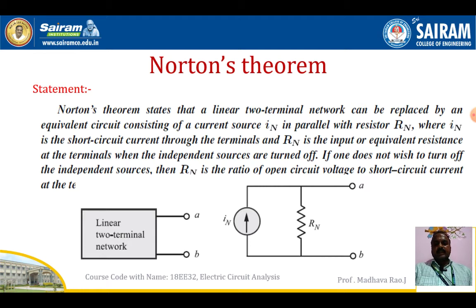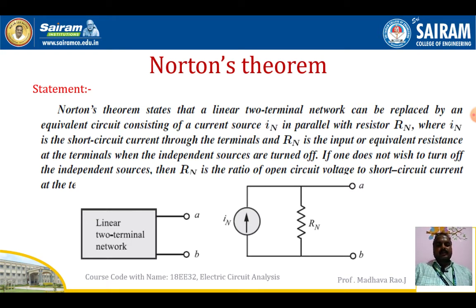Here IN is the short circuit current through the terminals, and RN is the input or equivalent resistance at the terminals when the independent sources are turned off, that is, when the independent sources are replaced by open circuit or short circuit.